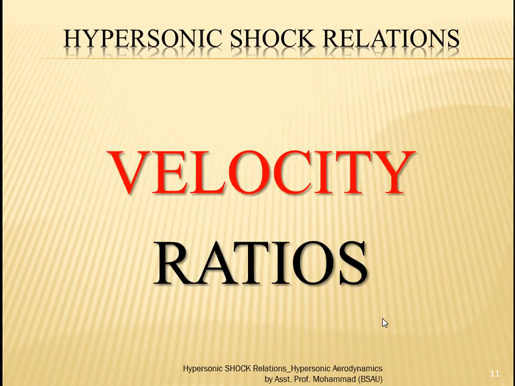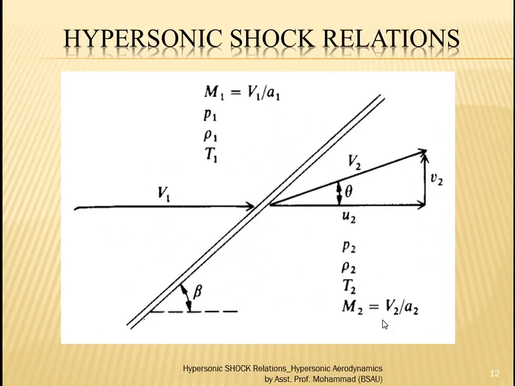The velocity ratio, we just try to see how the velocity ratio changes. Normally in the case of an oblique shock, we take the velocity triangle upstream and downstream, and then we reduce them and treat them as upstream and downstream velocities, and we find the relation across them.